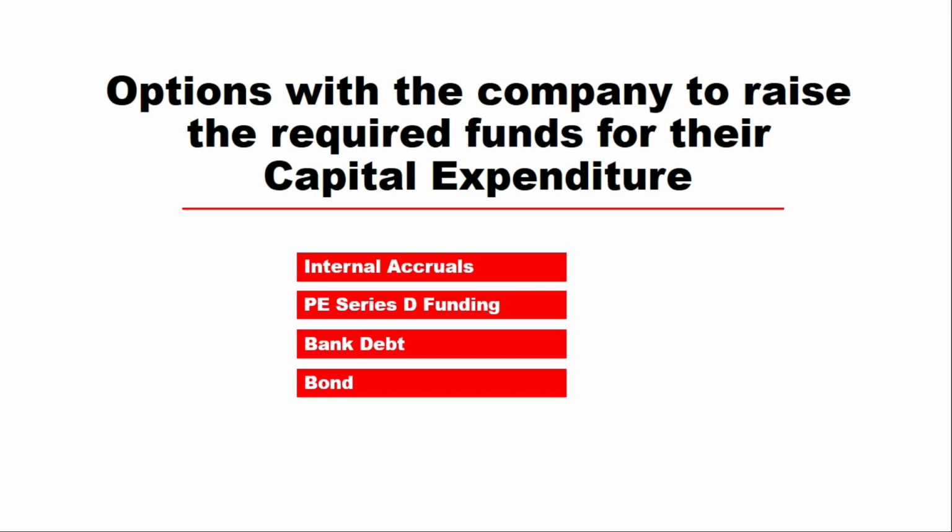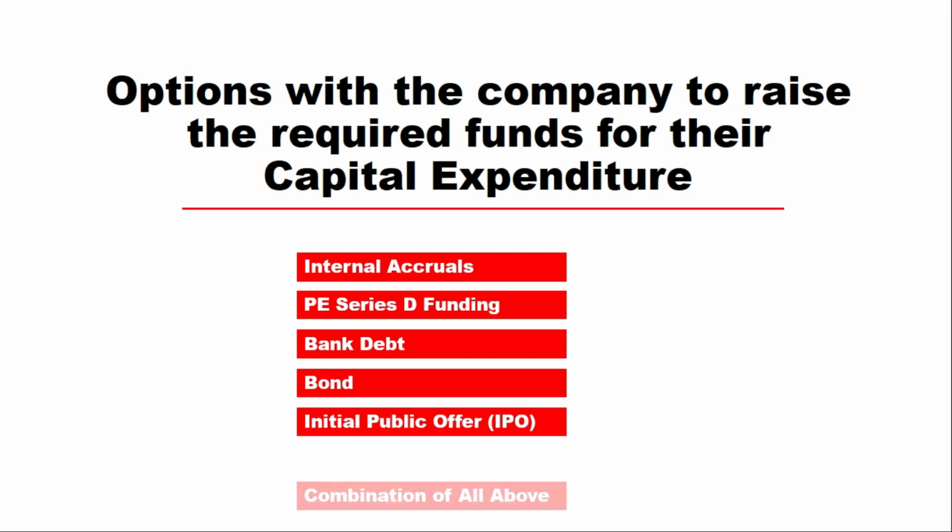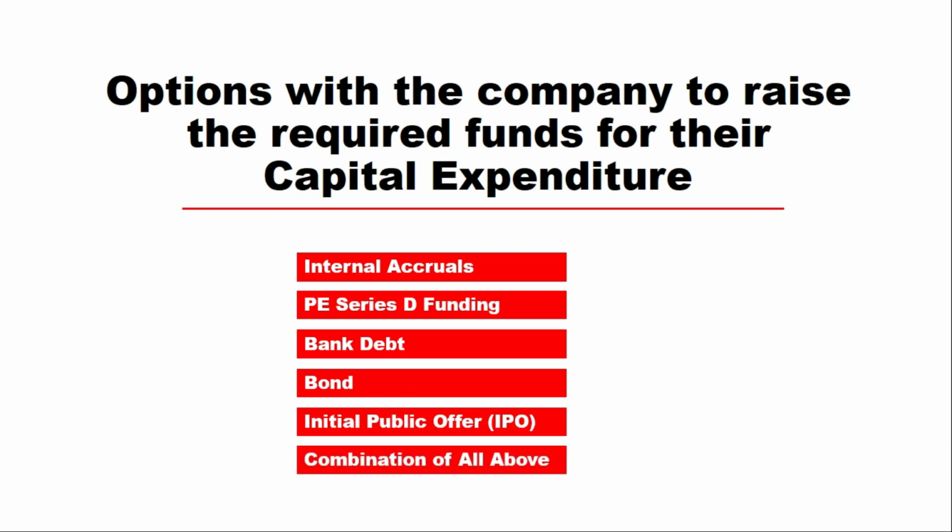Float a bond. This is another form of raising debt. 5. File for an initial public offer (IPO) by allotting shares from authorized capital. 6. A combination of all the above.